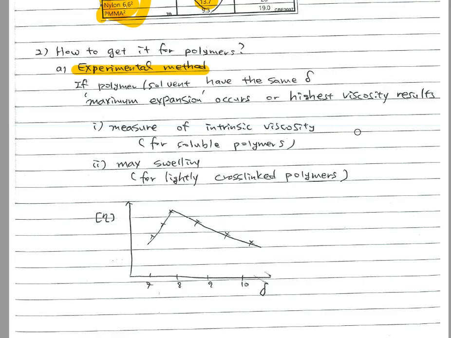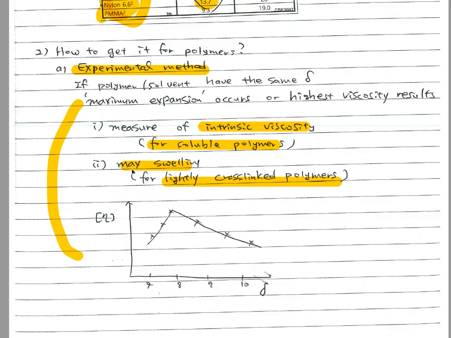You can either measure intrinsic viscosity for soluble polymers, or you can determine the maximum swelling for lightly cross-linked polymers. If you have, for example, unknown polymer samples and you want to determine the delta value, you can simply dissolve them in different solvents with different values of solubility parameter. Then you can determine it.